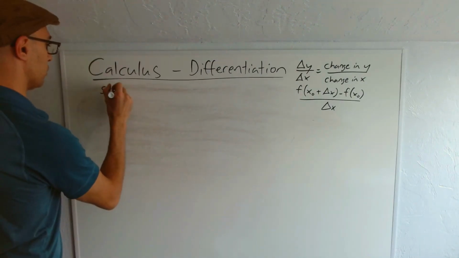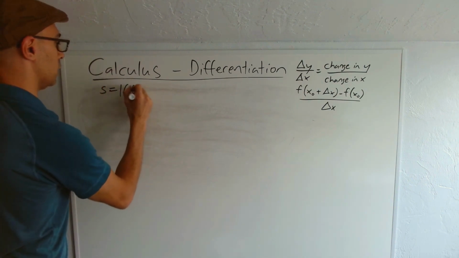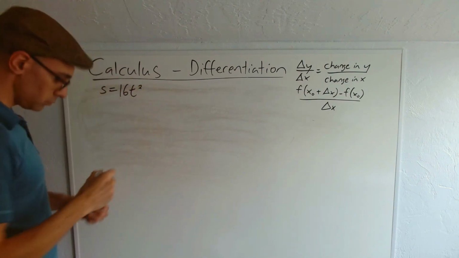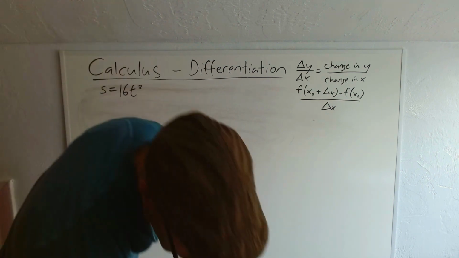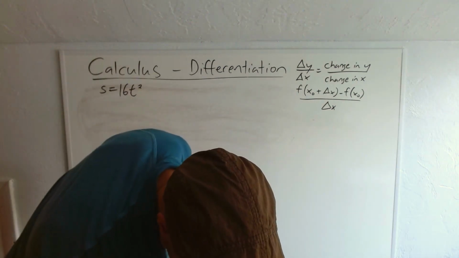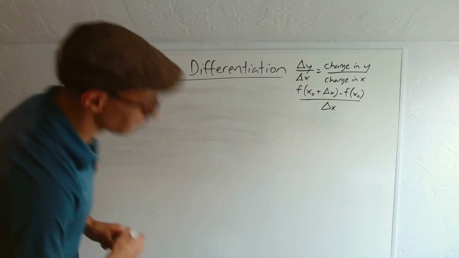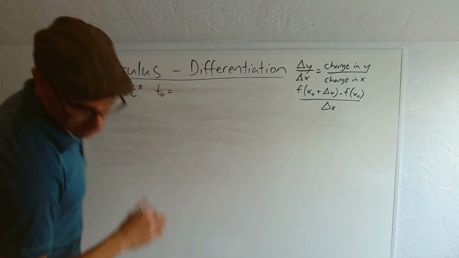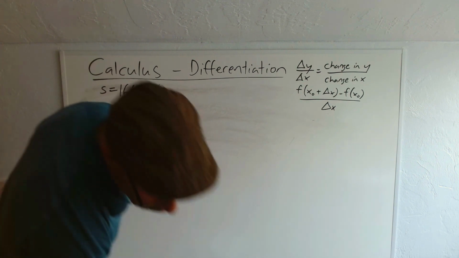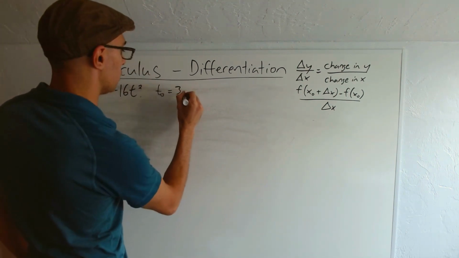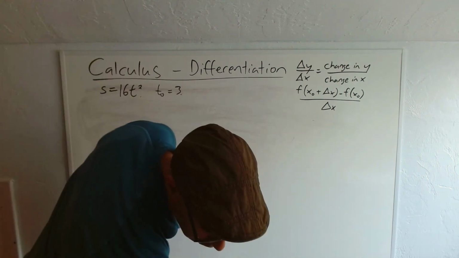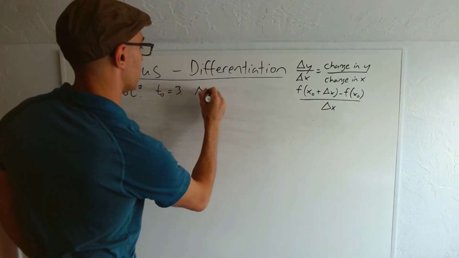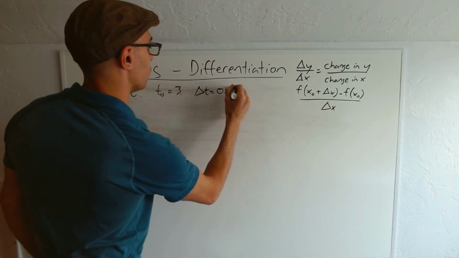We're given a function, s equals 16t squared. And we are told to evaluate for t naught equals 3 and delta t equals 0.5.